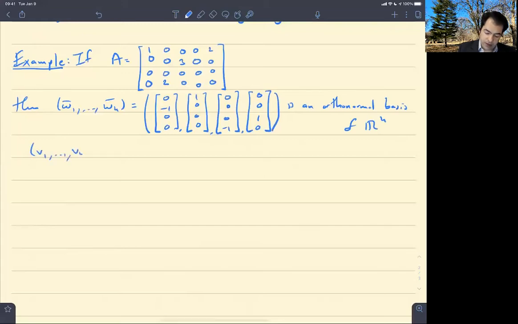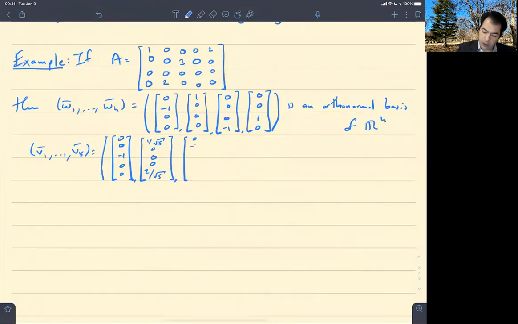V1 through V5 given by 0, 0, minus 1, 0, 0, 1 over square root of 5, 0, 0, 0, 2 over square root of 5, 0, minus 1, 0, 0, 0, minus 2 over square root of 5, 0, 0, 0, 1 over square root of 5, and 0, 0, 0, 1, 0.